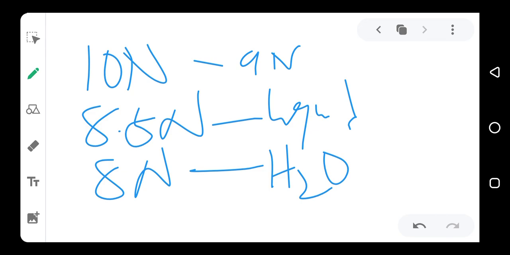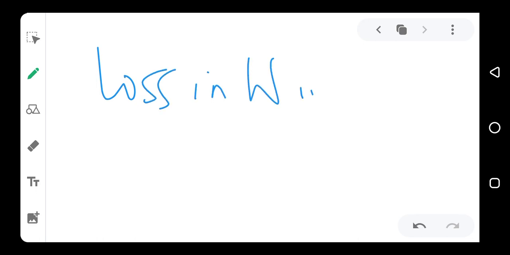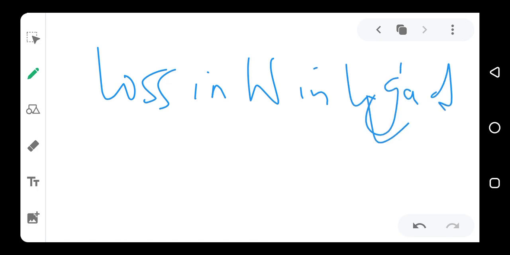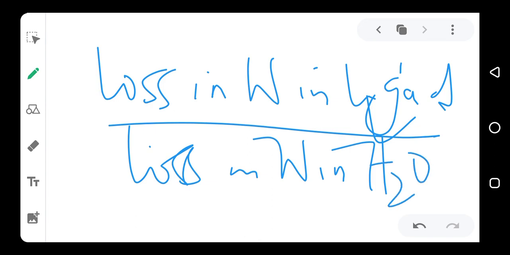How do we do it? The relative density of this liquid is equal to loss in weight in liquid over loss in weight in water.